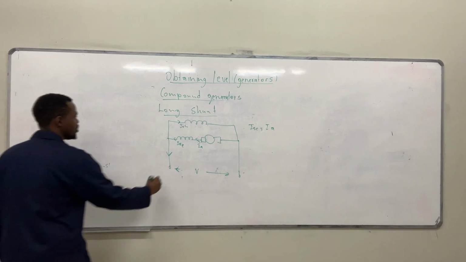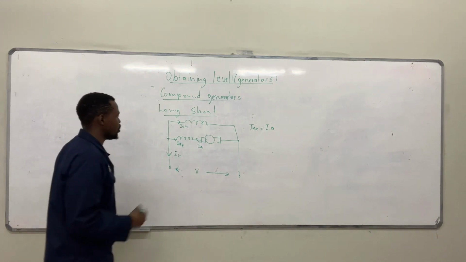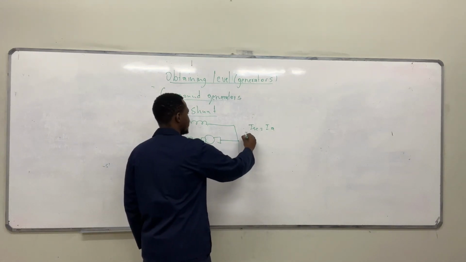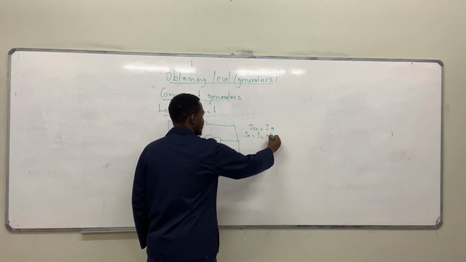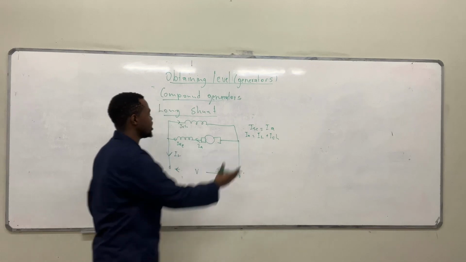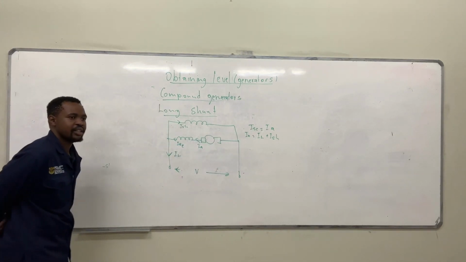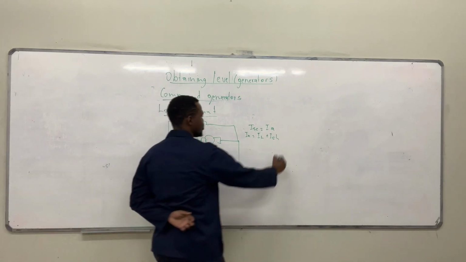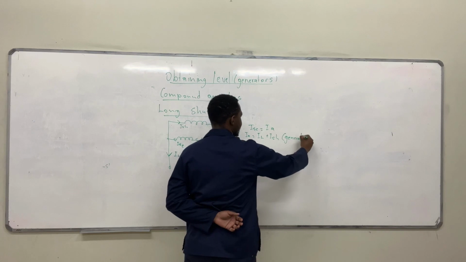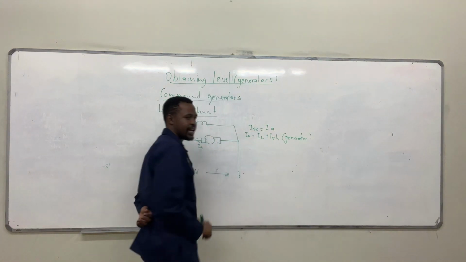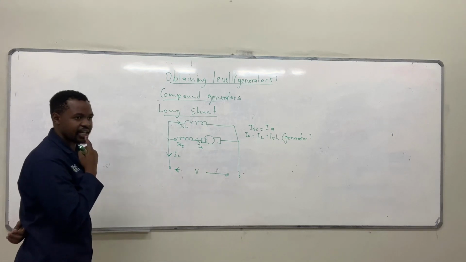Then there is I load. For I load, I armature is given by I load plus I shunt. I didn't include I series because I series equals I armature. Remember, this was for a generator, so you put a plus, because the source current is the armature current.